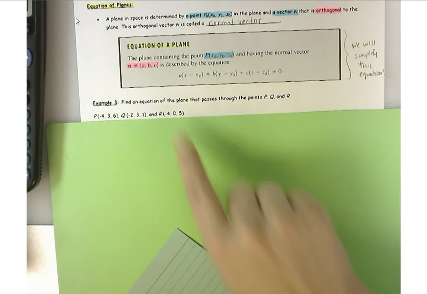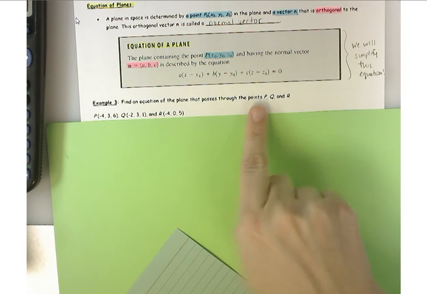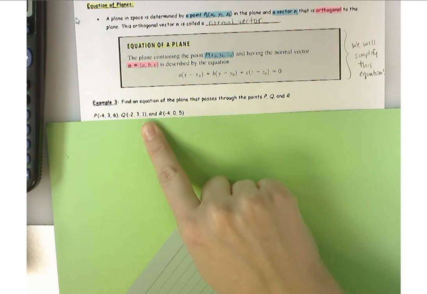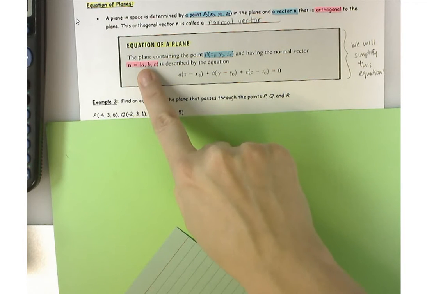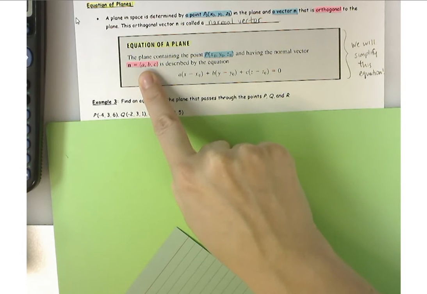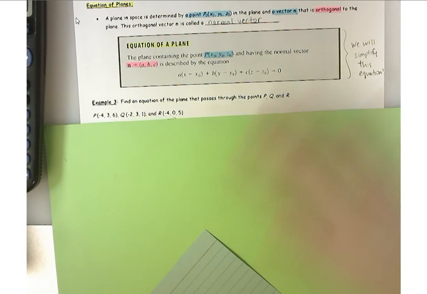All right, so we have to find an equation of the plane that passes through the points P, Q, and R. So in order to do that, we have to have a normal vector. Okay, and since the normal vector is orthogonal, that means we're going to have to find what? We're going to have to find the cross product.